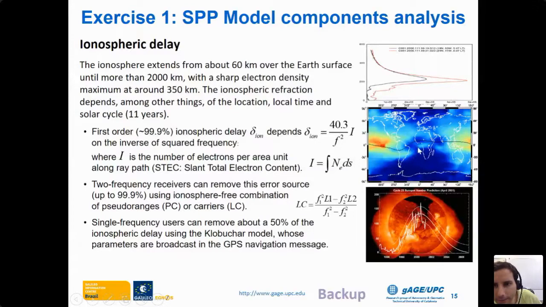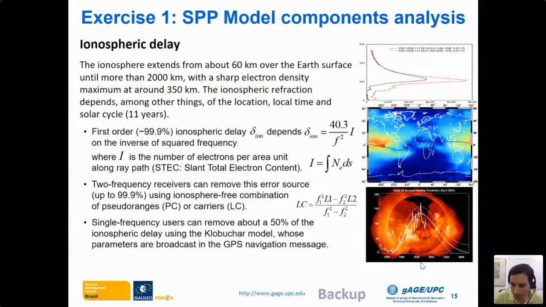You can see that it is in Brazil, a very active region because it's close to the geomagnetic equator. We could be talking for the remainder of the week only about the iono, and the ionosphere has what we call the solar cycle, with different activity periods linked to the status of the sun.